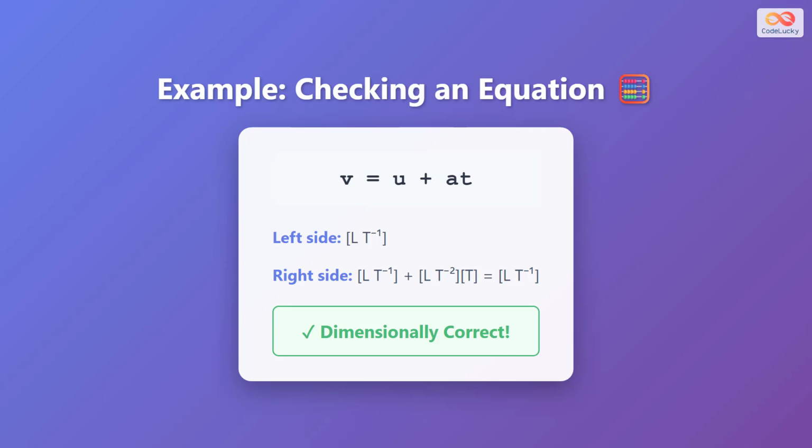Acceleration has dimensions [LT^-2], and time has dimensions [T]. When we multiply these, we get [LT^-2] times [T], which simplifies to [LT^-1]. Since both sides have the same dimensions of [LT^-1], this equation is dimensionally correct and passes our validity test.